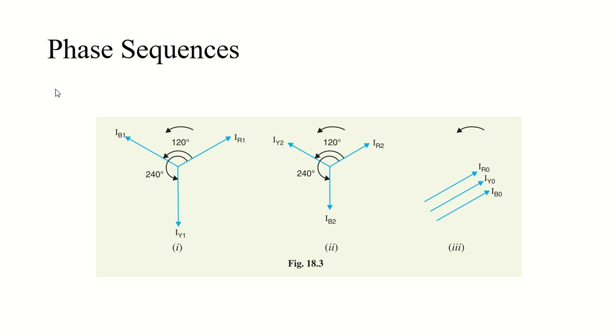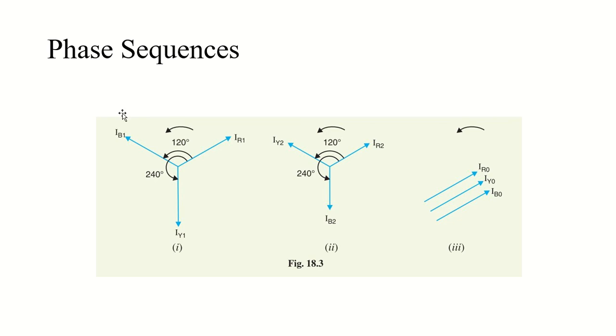Initially I took the current vectors, but you can also take the voltage vectors as well. There is no issue, you can take either current or voltage vectors, and based on that you can calculate further fault calculations.